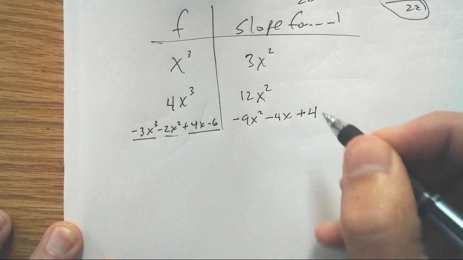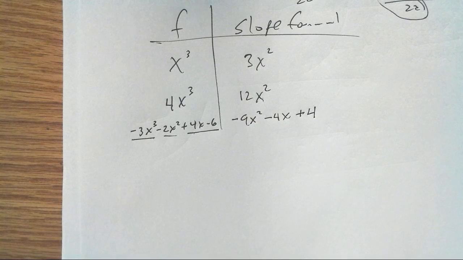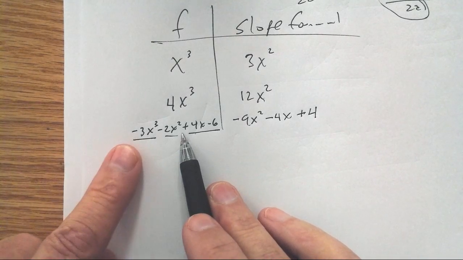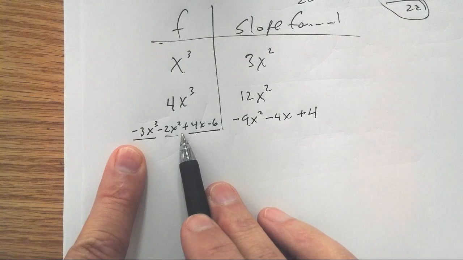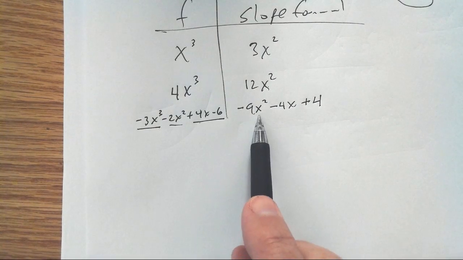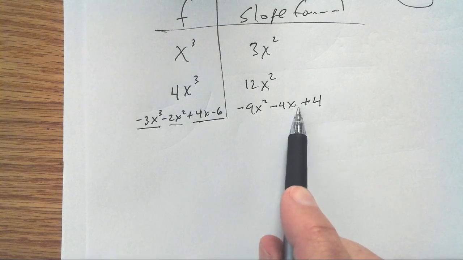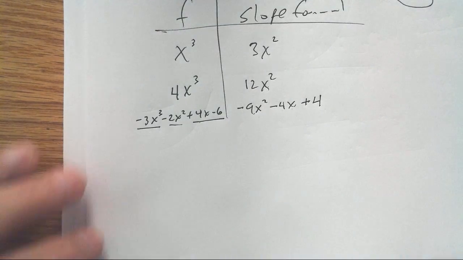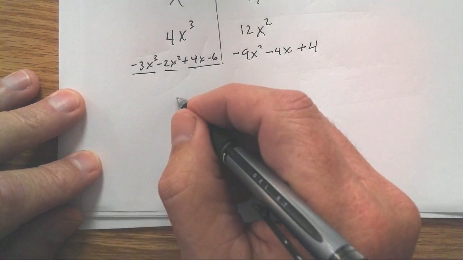Plus 4. Very good. So if I wanted to know my rate of speed, let's say this was miles per hour and this is my location, if I wanted to know how fast I'm going at time 3, I can just put 3 in here and get our slope. Understand how slope formula works for us? Okay.